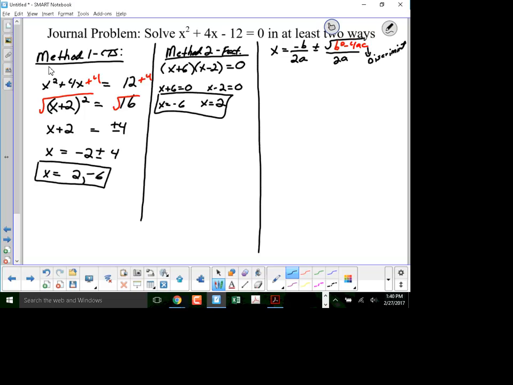If the discriminant is a positive number, you're going to have negative b over 2a plus or minus the square root of a positive number. So your solutions are going to be real numbers because you're taking square roots of positives. Can we take square roots of negative numbers? No, that would yield imaginary solutions, not real solutions.